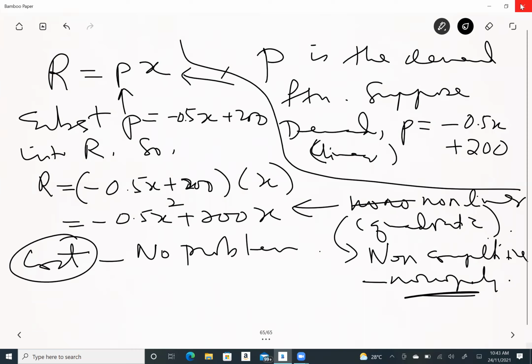You have the variable cost, you have the fixed cost. The only difference would be on the demand function. So we look at an example.